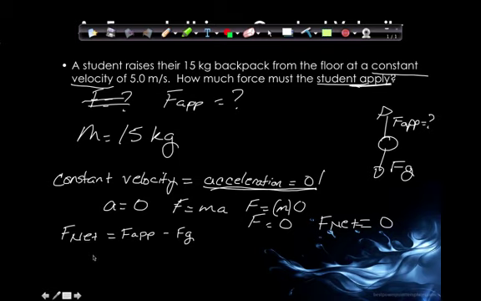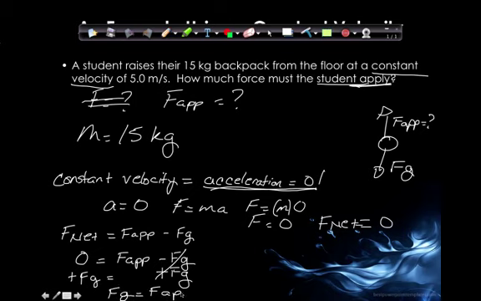Now I know my net force is 0, so let's go ahead and substitute in. So if I solve this for, let's say, F_g, so I add F_g to both sides, what this is saying is that the force of gravity is equal to force applied.